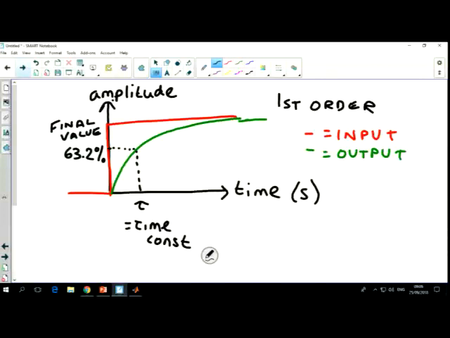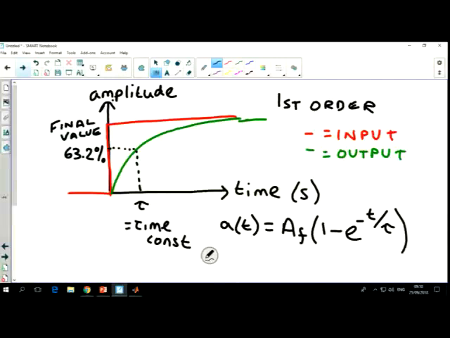That comes about by the equation of that graph. If you look at the amplitude at any point, let's call it A, for amplitude, it is equal to the final amplitude times 1 minus e to the negative t over tau.